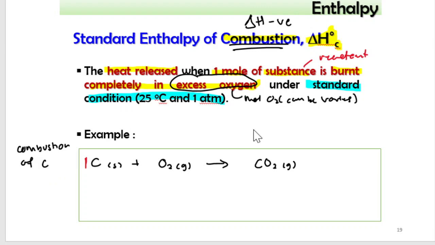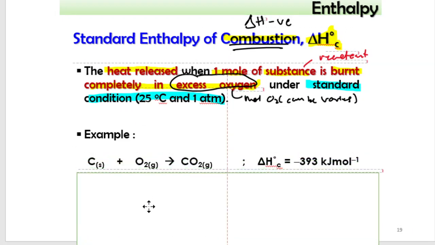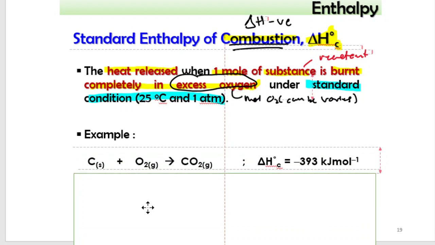Okay, delta HC for carbon. Okay, this is your equation, and when you write the delta H, okay, tulislah it should be negative sebab semuanya adalah negative ataupun heat is being released for all the reaction untuk combustion. Okay, so this is the thermochemical equation.